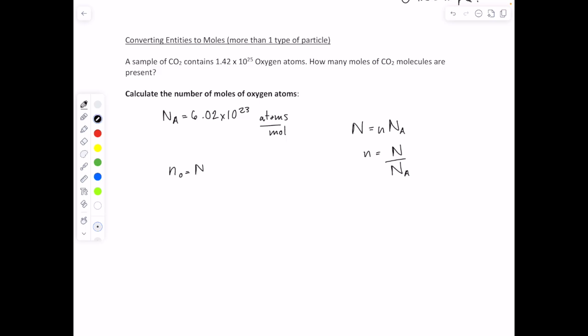So that's 1.42 times 10 to the power of 25 oxygen atoms divided by 6.02 times 10 to the power of 23 atoms per mole. If we punch this in, we end up with 23.6 moles of oxygen.